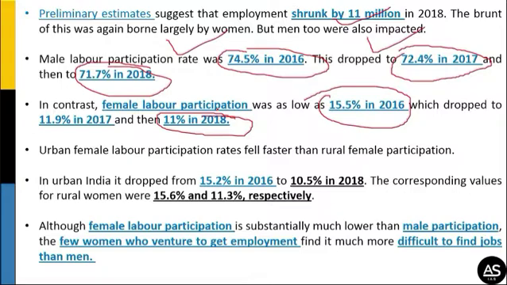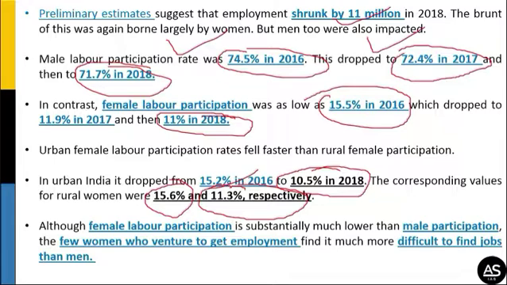Even the urban female labor participation rate fell faster than the rural female participation. Look at the data here, how their participation is decreasing day by day. It was 15.2% in 2016, but 10.5% in 2020. Rural women were at 15.6% and 11.3% respectively.